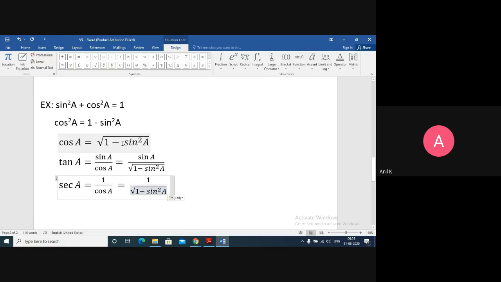Cos is in terms of sin, tan is in terms of sin, sec is also in terms of sin. You can even represent cot in terms of sin. Cosec is already 1 upon sin only.